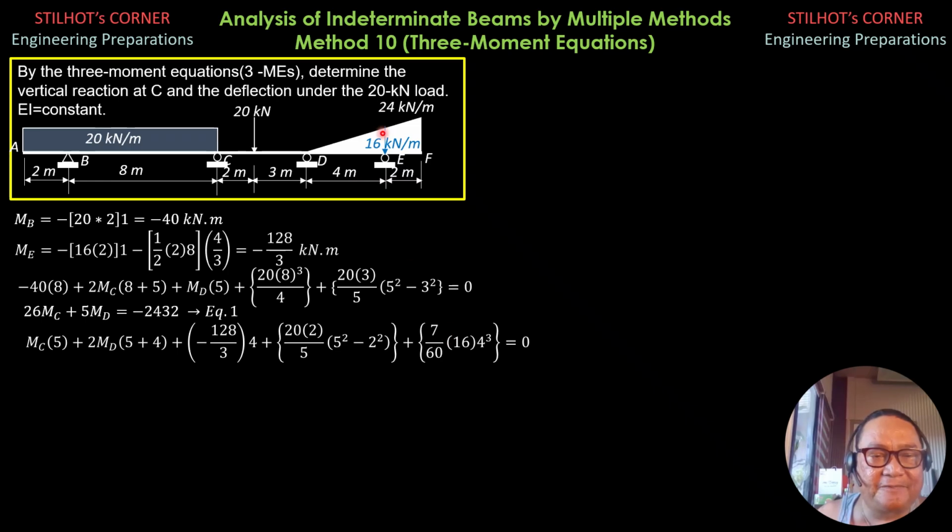Remember the formula for triangular loading. The value of 6 area 2B over L2 is 7 over 60 WL cube. Then equals 0 again because the reference horizontal line crosses C and E.